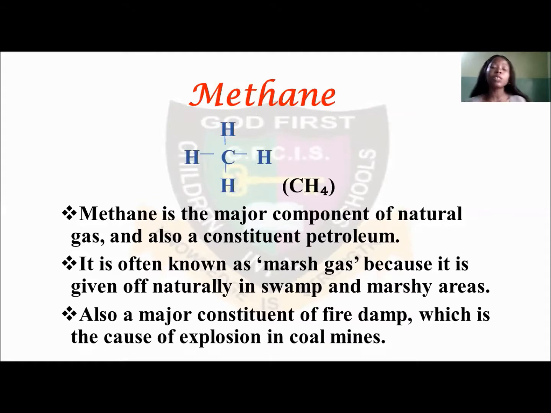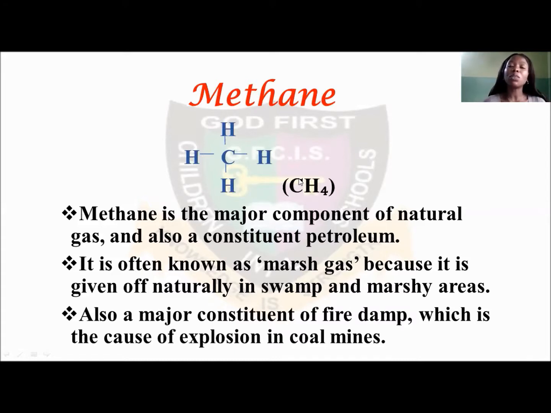So let's look at the first member of the alkane series, which is methane. Methane is structurally written as carbon bonded to 4 hydrogen atoms, and the molecular formula is CH4. Methane itself is a major component of natural gas and also a constituent of petrol.